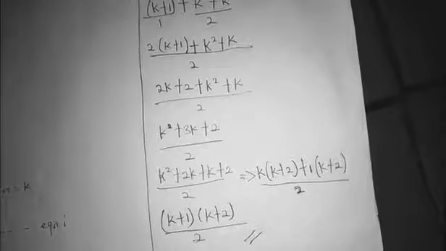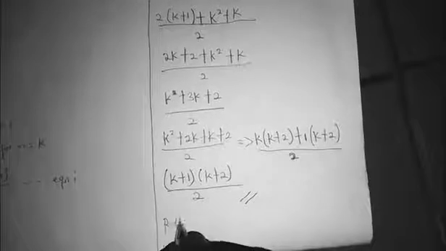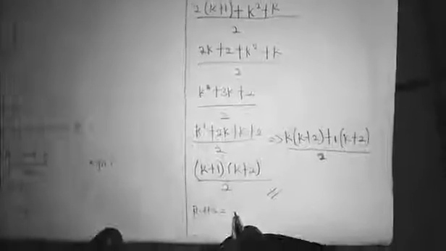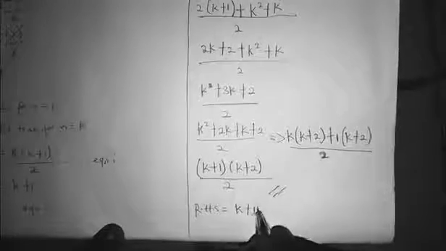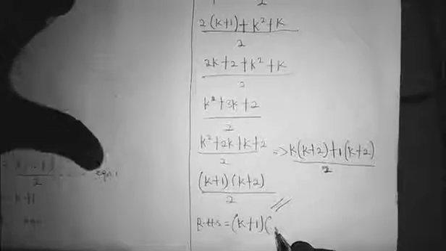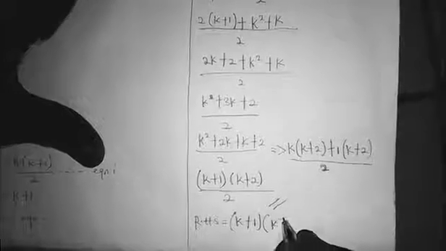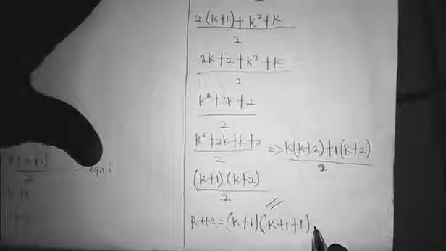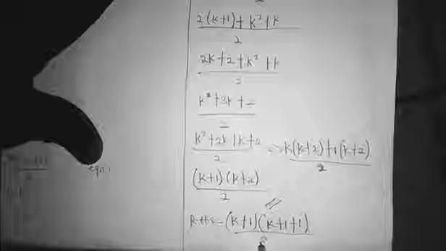So how will I check whether I'm correct? Let me check for the right hand side now. Don't forget we have n open bracket n plus 1. So when we are doing for k plus 1, that will be k plus 1, then put k plus 1 inside and again that will be k plus 1 plus 1, the one that is beside this, all over 2.